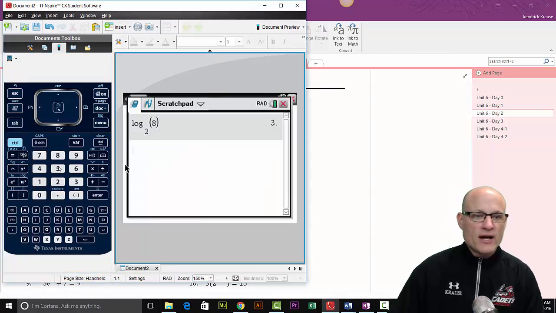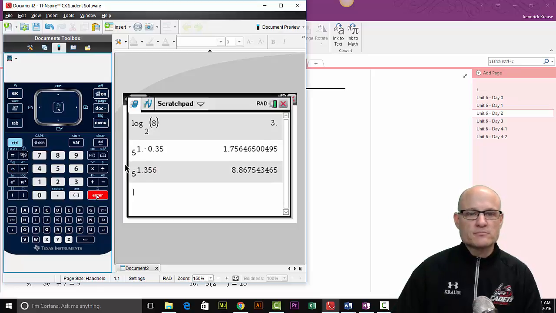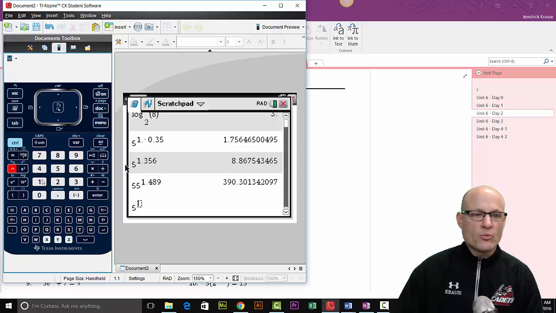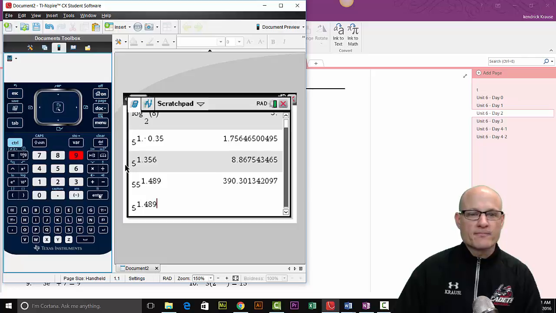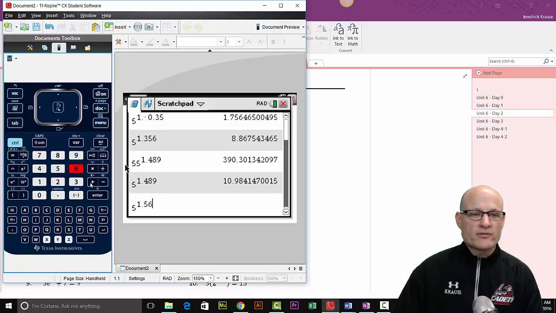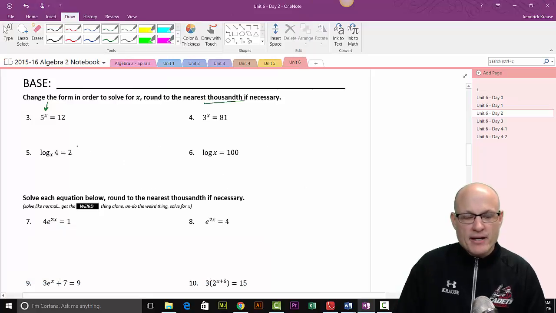So 5 raised to the 1.35, not enough. 5 raised to the 1.489, getting closer. 5 raised to the 1.567, too much. We could be here all day, right? This would be stupid. I can get there eventually, but it would be dumb.